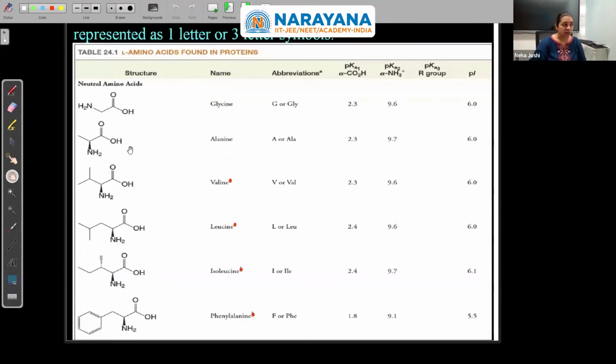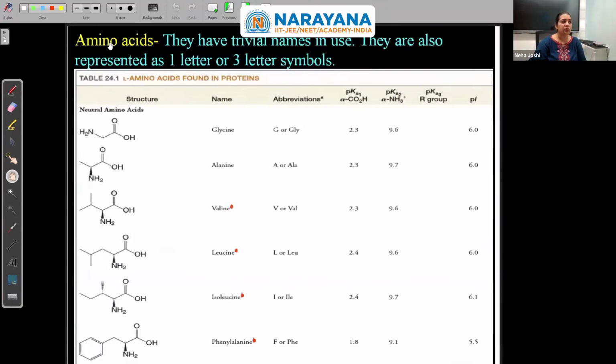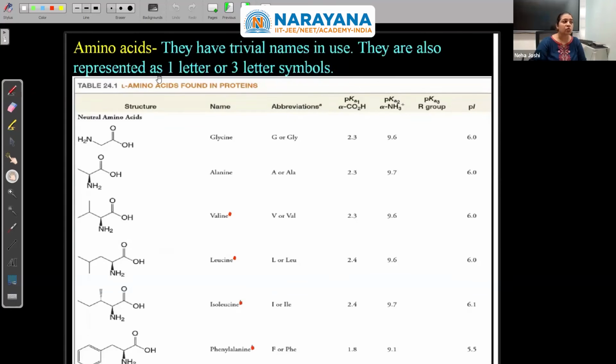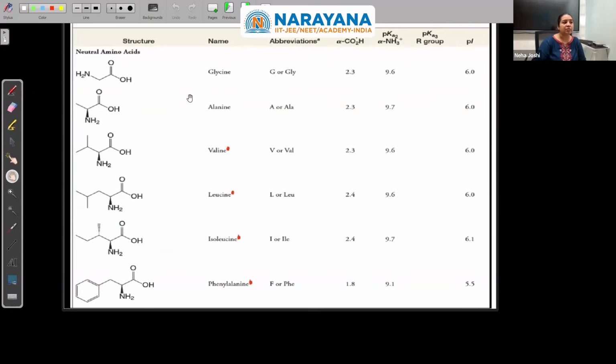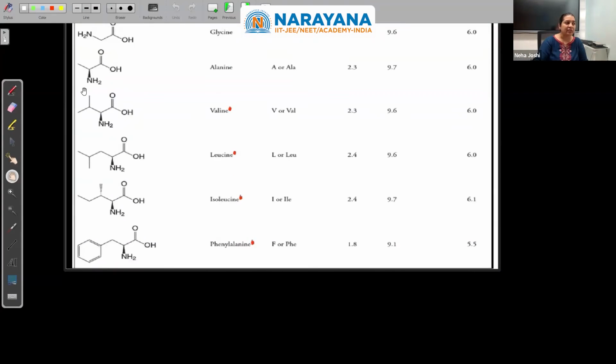Okay. And yes, these are all the amino acids. They have trivial names in use. They are also represented as one letter or three letter symbols, like glycine, G or GLY, alanine, A or ALA, valine, with an isopropyl group.